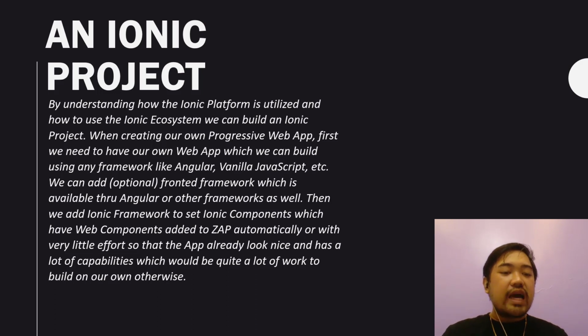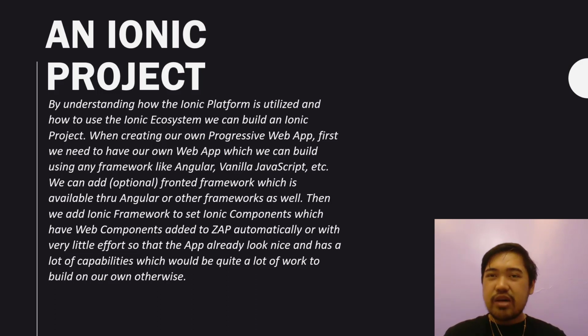And then, we add Ionic framework to get Ionic components. So, doon na natin inilalagay sa Ionic. And then, which also happen to have web components added to ZAP. So, yung ZAP, guys, is a protocol or feature siya. Yun guys yung ginagamit natin or ginagamit sa IT world for checking the security.